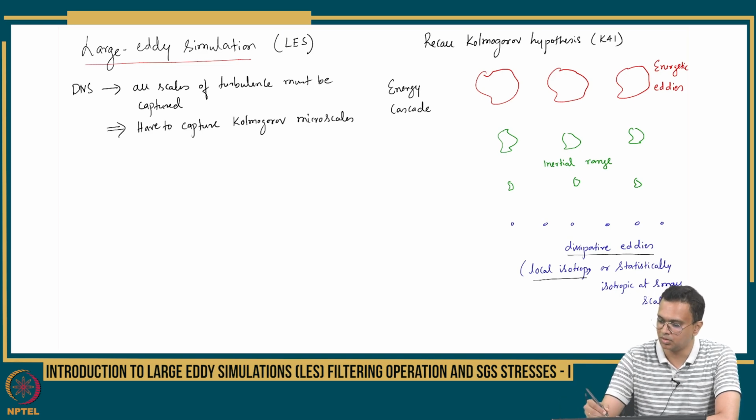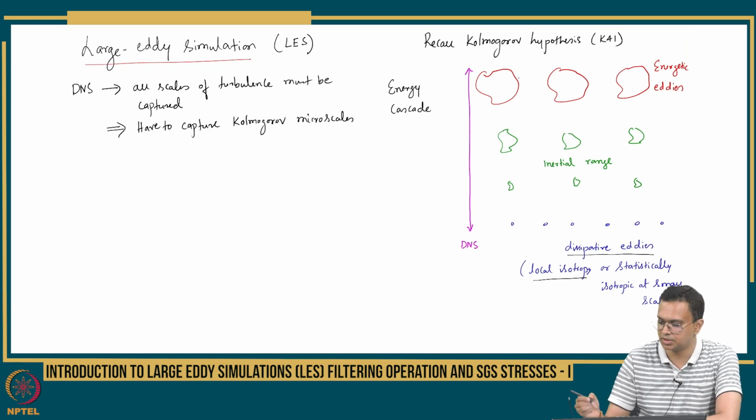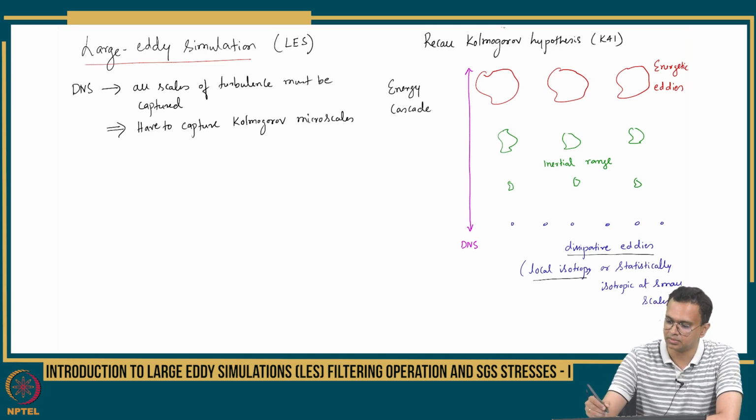So then I will resolve not up to here, but for example, if I say this will be the entire spectrum, like this will be the entire DNS spectrum here, which is going to capture from the largest to the tiniest, right? So everything is being captured. In LES, we don't do that. What we do in LES is that we will have a mesh.